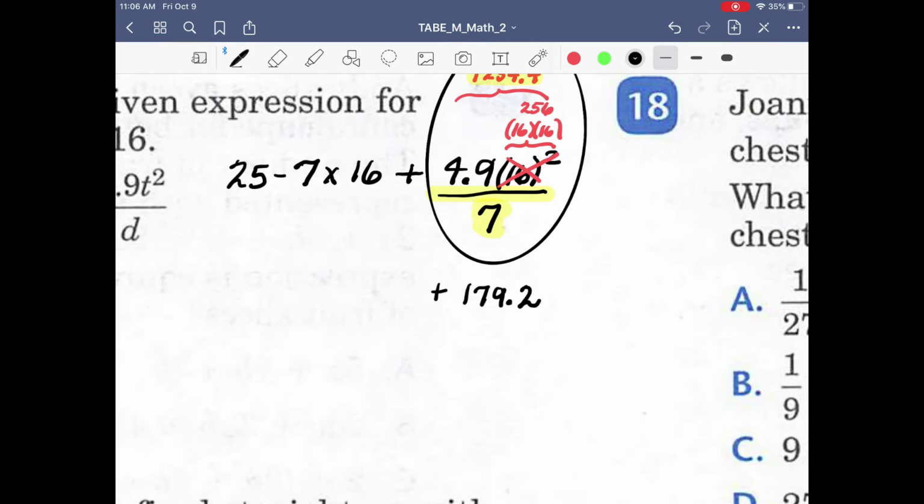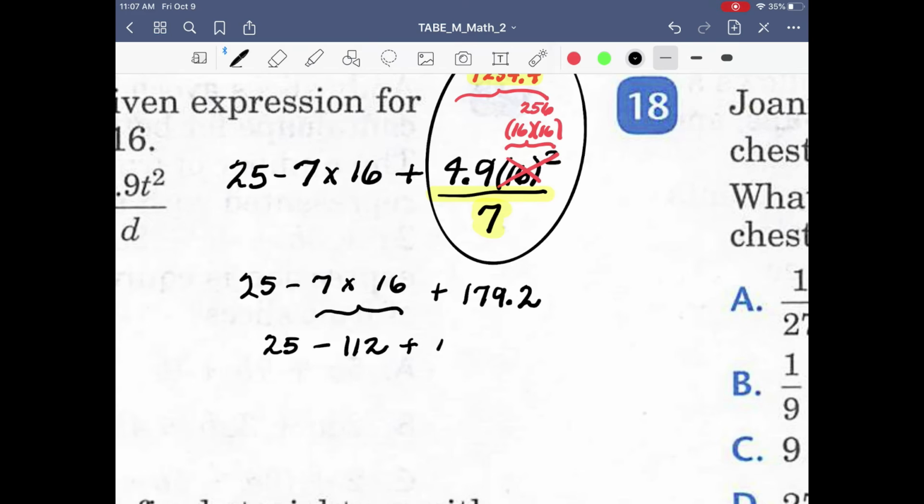And then the rest of this I am just going to copy down, just the way it looks. Then multiplication. 16 times 7 is 112. Copy.